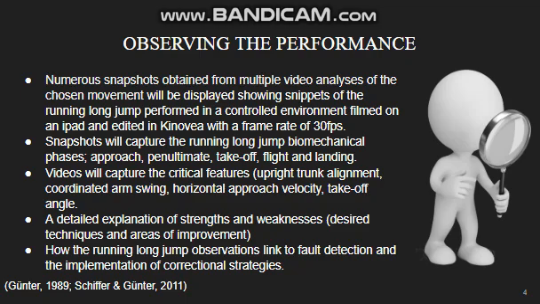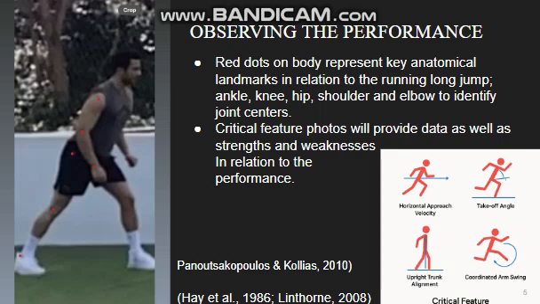I divided my analysis into key phases of the running long jump: the approach, penultimate stride, takeoff, flight, and landing. You can see on the next slide the key landmarks on my body.